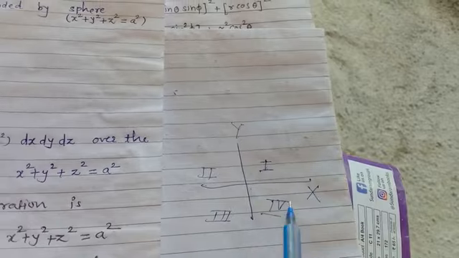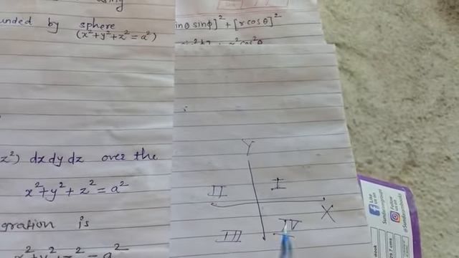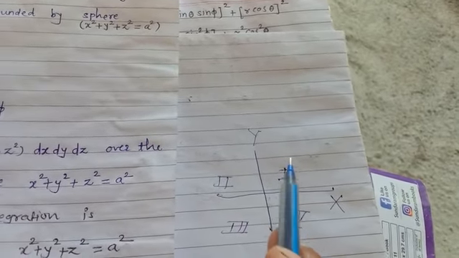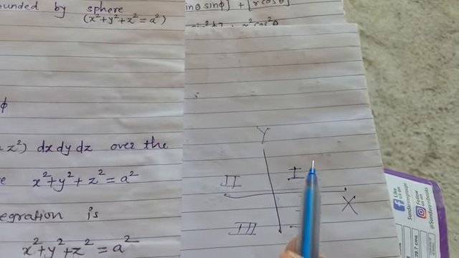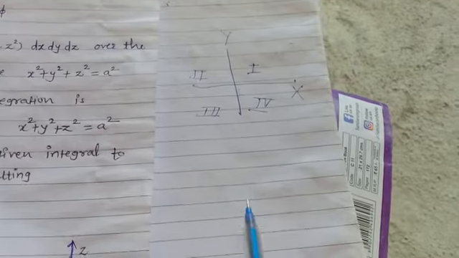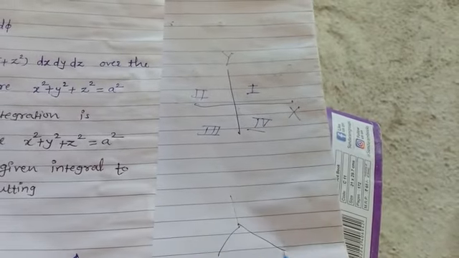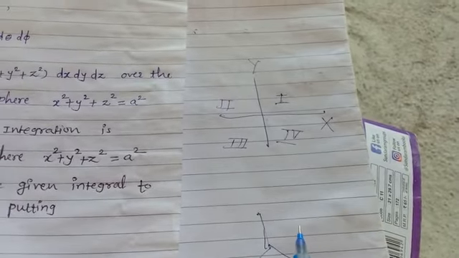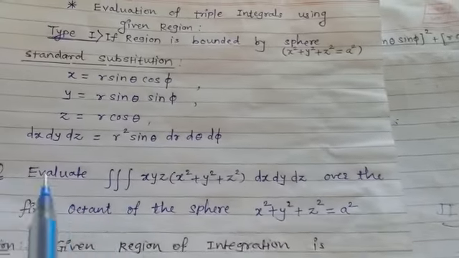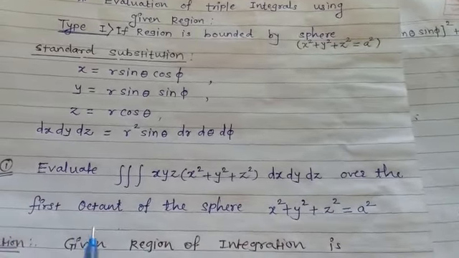So there are four quadrants in a 2D system, and we generally find our double integration in the first quadrant. Similarly, in a 3D system there will be 8 parts, which are called octants, and we are finding our triple integration in only the first octant.